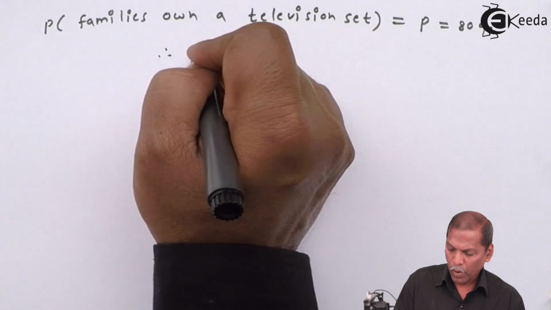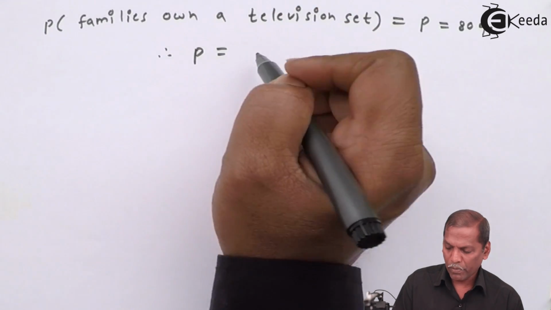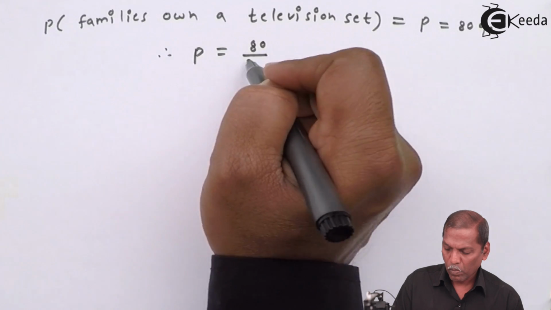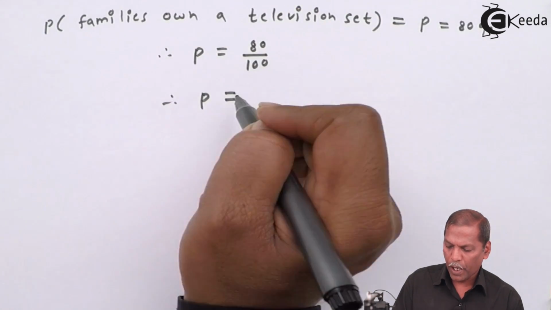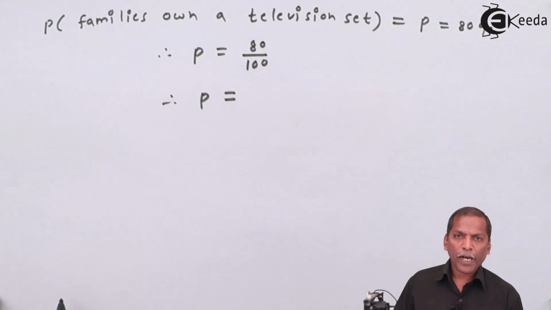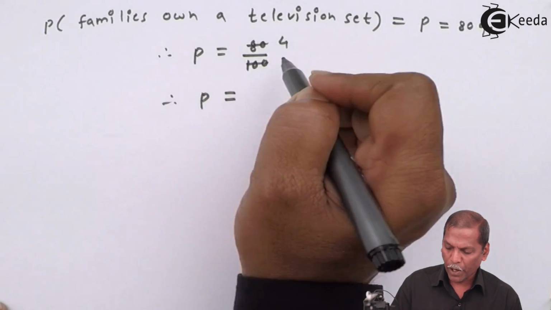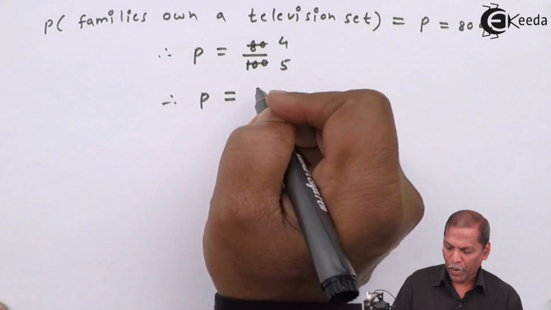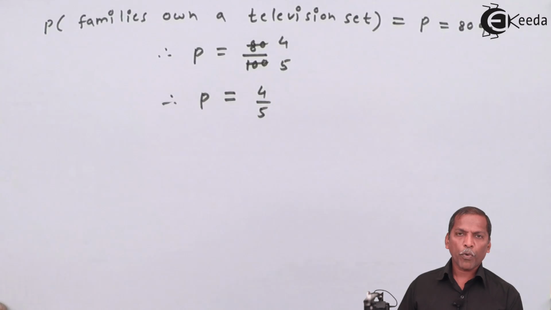Therefore, P is equal to 80 upon 100. Here we go for cancellation: 20 4s are 80 and 20 5s are 100. It means we get P equal to 4 upon 5.